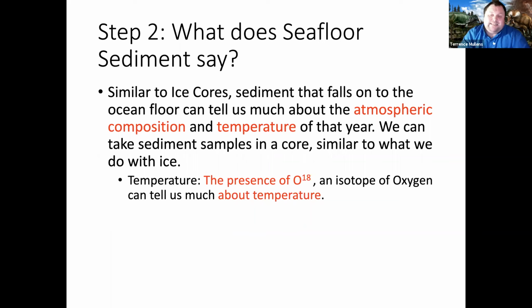In addition to that sediment, embedded in the sediment can also be fossils of coccolithophores, small fish, phytoplankton, zooplankton, dinoflagellates, those are the things that cause red tide, all these little organisms that also get trapped in the sediment.